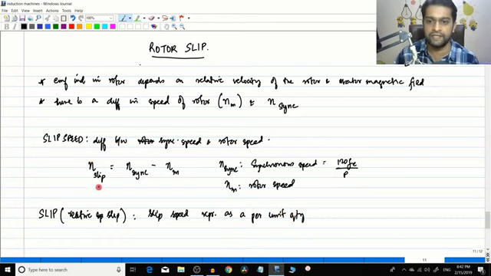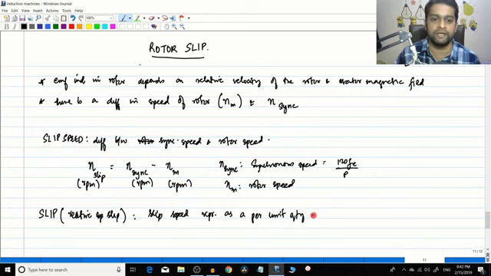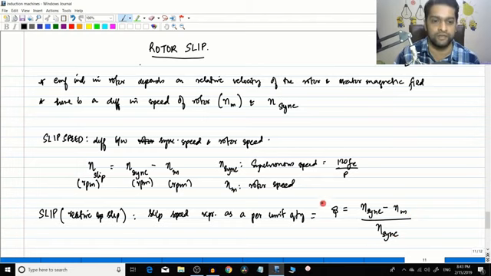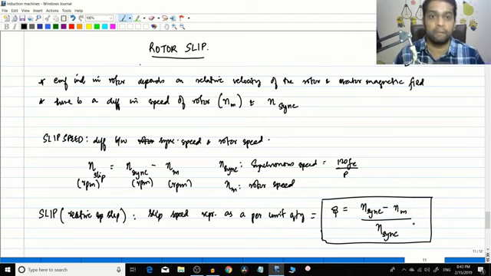Here N slip will be in RPM, and the synchronous speed is in RPM, but the slip will be a per unit quantity, which means it will have no unit. So what is the expression? The slip S is equal to synchronous speed minus Nm, that is the slip speed, divided by the synchronous speed. You can see that it is a unitless, per unit quantity. If you multiply this by 100 you will get percentage slip.